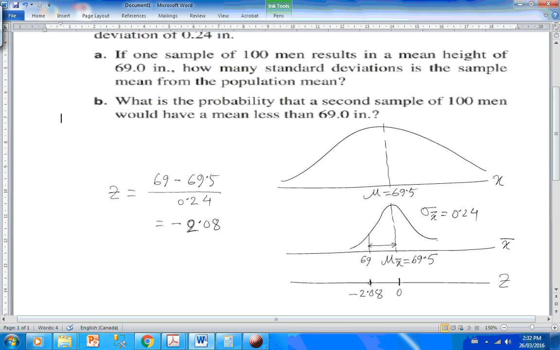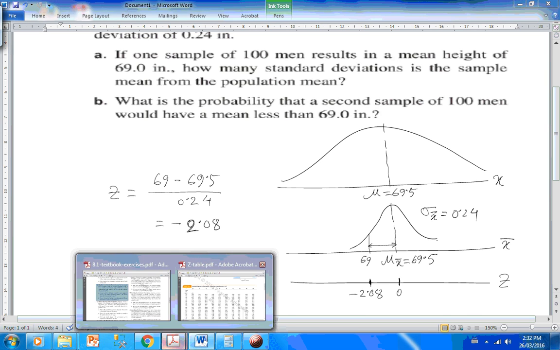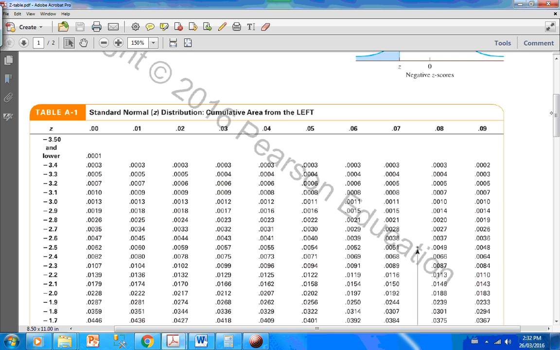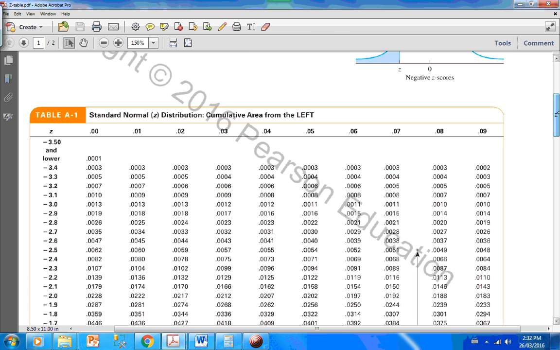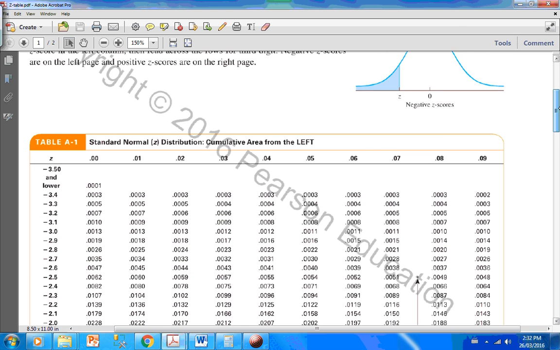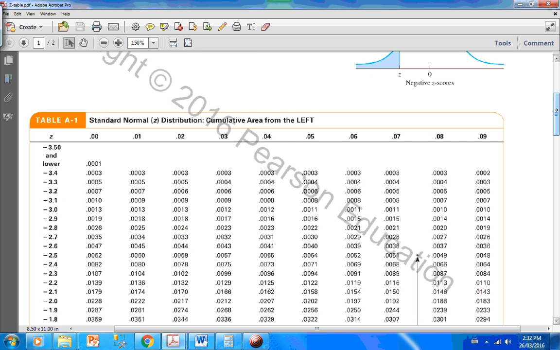Now if I go to my z table, I can figure out the percentile position of this z. So let me bring out my z table. The z value is negative 2.08. So I'll go to negative 2 and then go to the respective column that corresponds to 0.08 on the top.